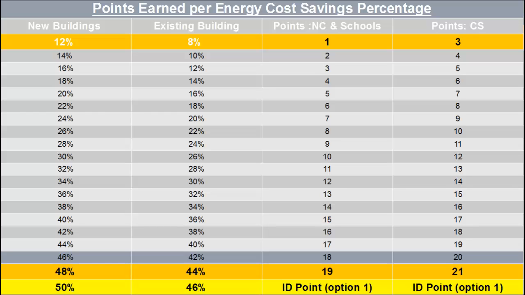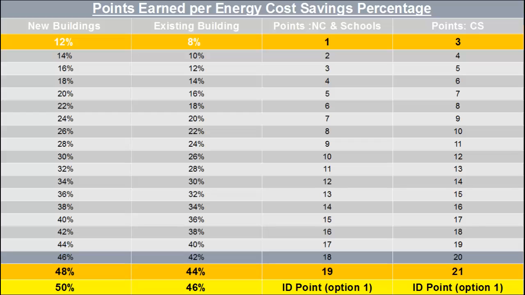Also check your local and state incentive programs. Many upfront costs for more complex energy efficient systems can be recovered through these incentives and overall operating cost reductions and savings on utility bills. So it's important to do a full life cycle cost assessment.